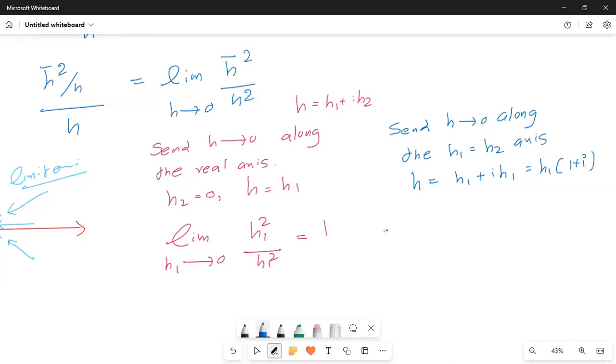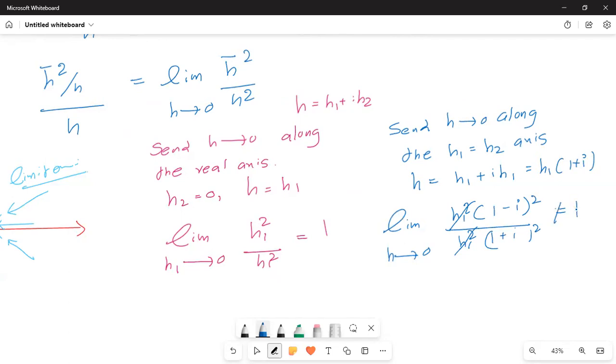Now plug these values into the limit. The conjugate is h1 times (1 minus i), and h squared means h1 squared times (1 plus i) squared. So the h1 terms cancel out. This is a constant and definitely not equal to 1.